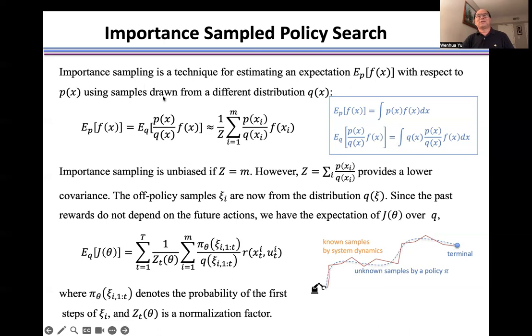Use sampling from a different distribution Q. Let's say the original problem is we need to calculate the expectation of the function f over the distribution p.